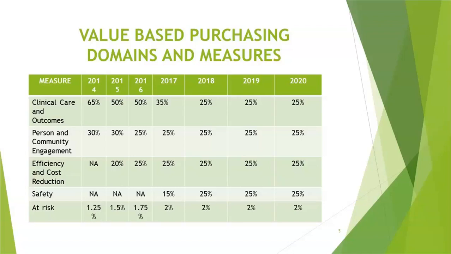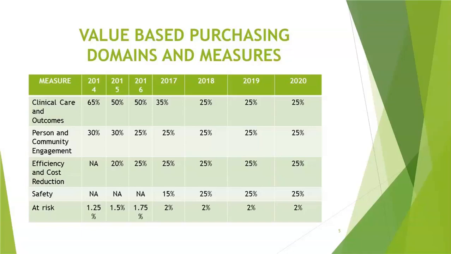And you're going to manage your cost by being more efficient. You're going to manage your cost by being sure that you're treating patients correctly. So this was an attempt at getting us to think differently. I mean, we've always thought about cost savings, but we weren't really ever measured on it.